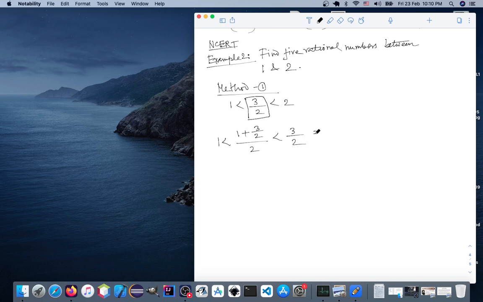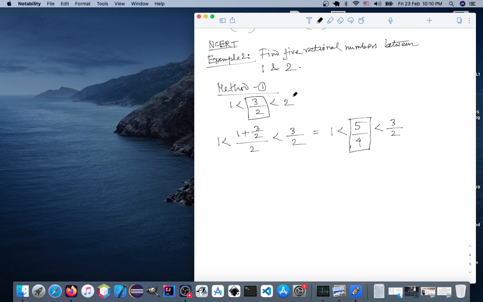In the numerator, 1 plus 3 by 2 becomes 5 by 2, and in the denominator we have 2, so it becomes 5 by 4. So we have found another rational number, 5 by 4, which is between 1 and 3 by 2.